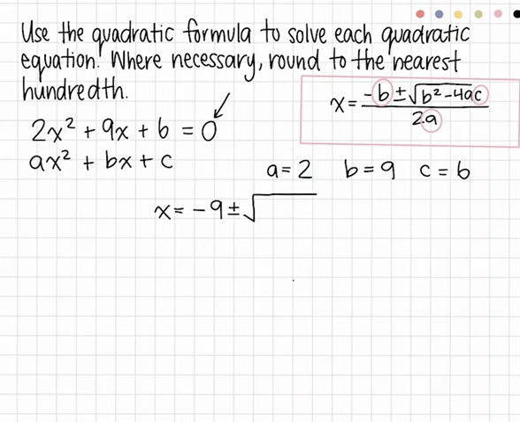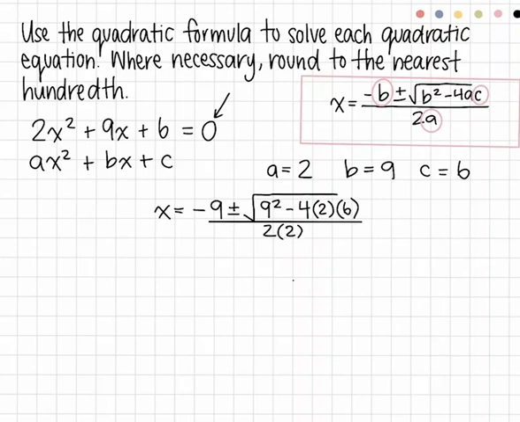The square root of 9 squared minus 4ac. My a is 2 and my c is 6. Everything is going to be divided by 2a, so 2 times 2.